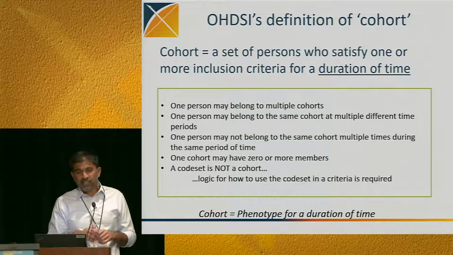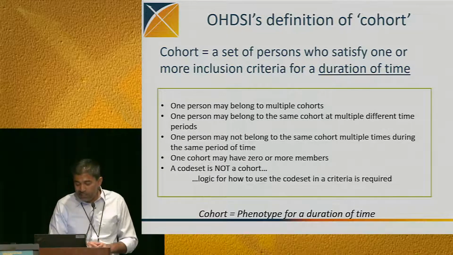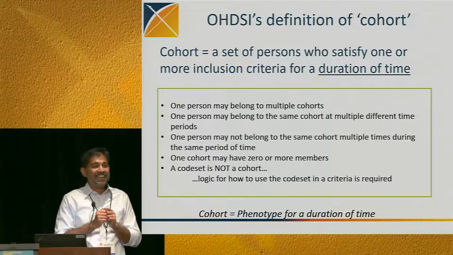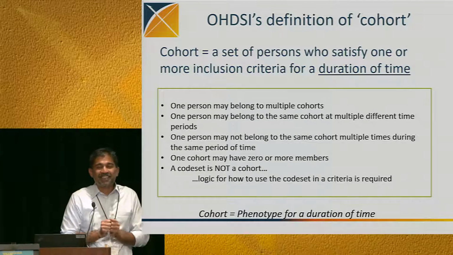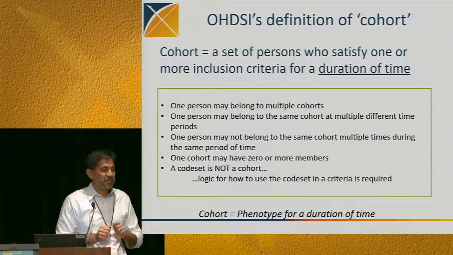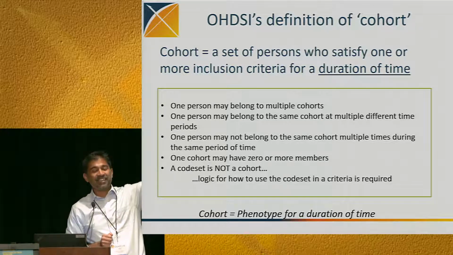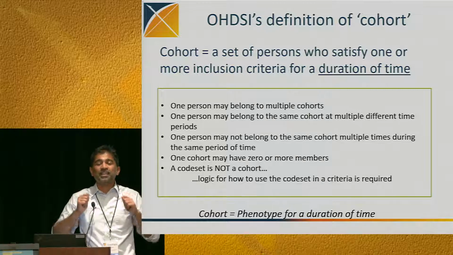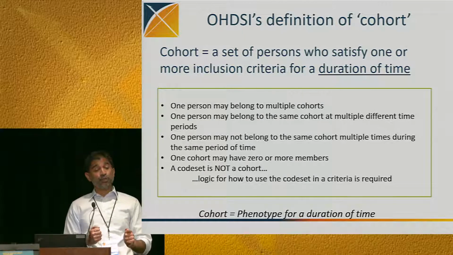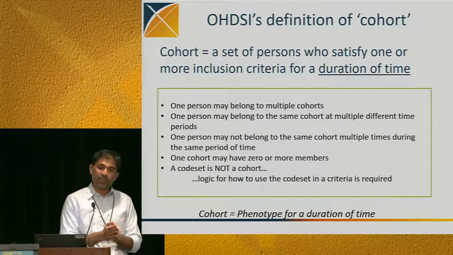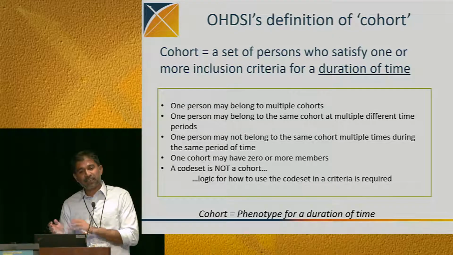And this is Patrick Ryan's pitch here. He always says, code set is not a cohort. Just like I've experienced the notion of somebody giving me a list of ICD-9 codes and saying, build a cohort of this. No, it's more than that, because there are some rules around it. There are temporal rules. Do you want these ICD-10 codes before or after a certain event?